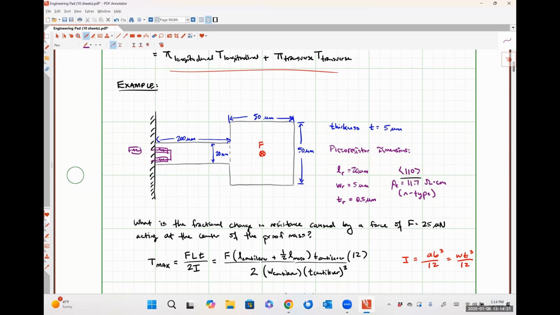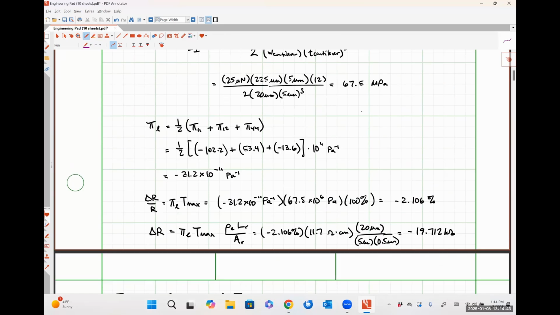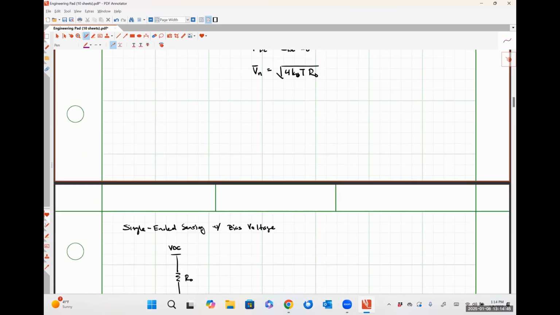We would do it during the same fabrication process as the piezo resistor itself so that we guarantee that they are literally identical, right? So by embedding resistors into the bulk of our material, which isn't going to undergo any stress or strain, it provides us a reference that we can use to compare our signal to, and we'll see some of the advantages of that. Okay. So come back down here.